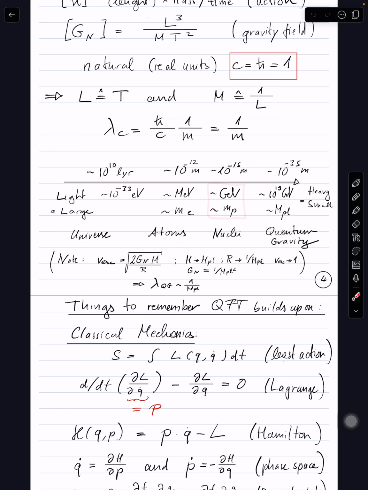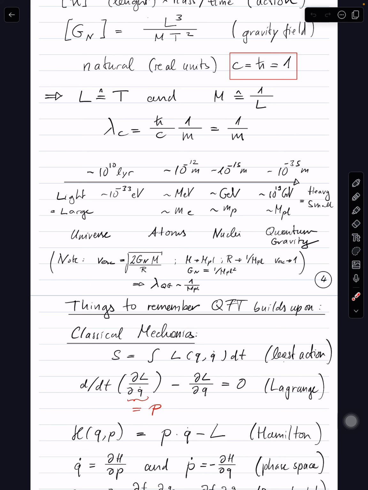This is a very useful measuring stick for masses. And as we said, 1 divided by GeV is a length scale that corresponds to 10 to the minus 15 meters, and that is roughly the size of the proton in quantum mechanical terms.